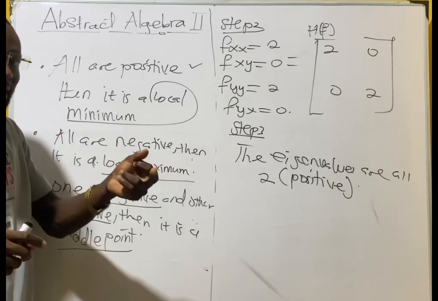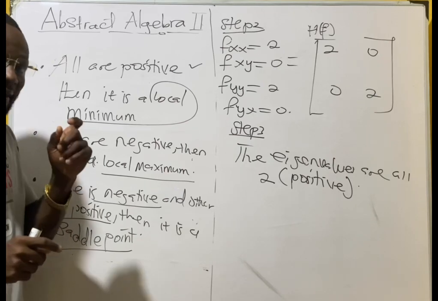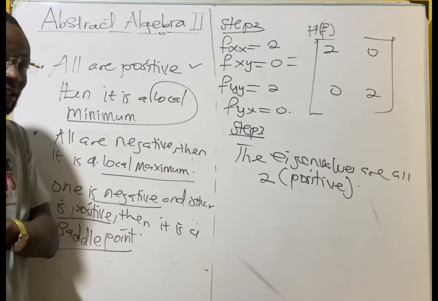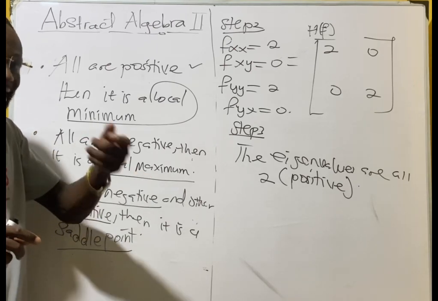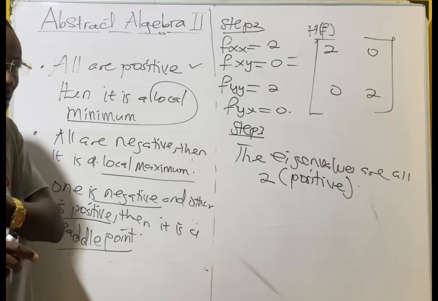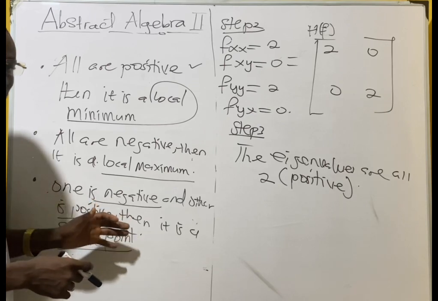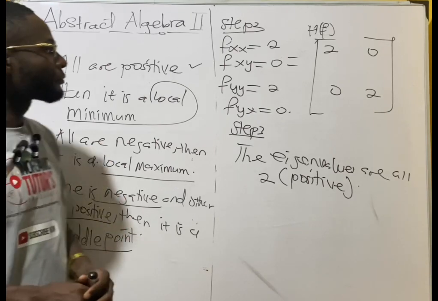You have to do further test. 5. If all are 0, you cannot also determine whether it is maximum, minimum, or saddle point. So take note. But what you can determine is what we have here. All right, so you have to know this.